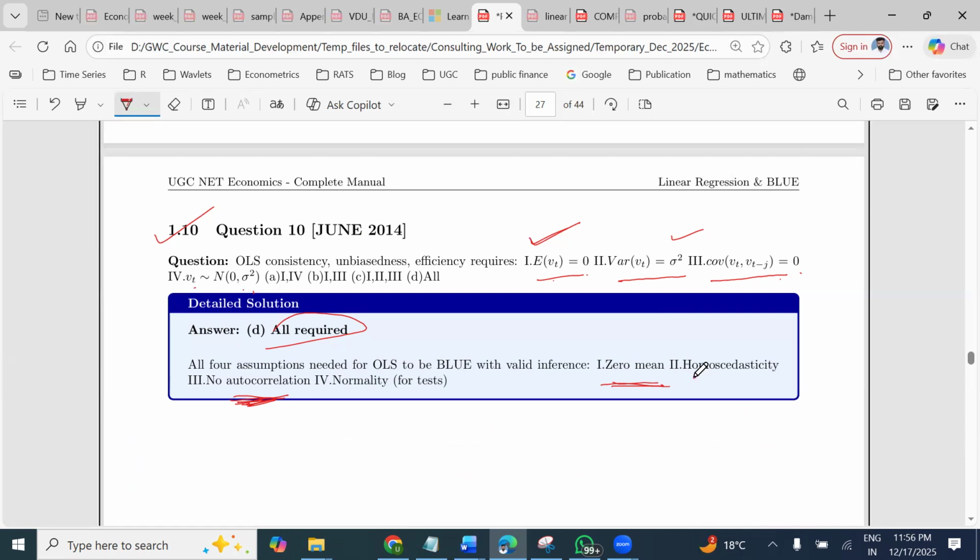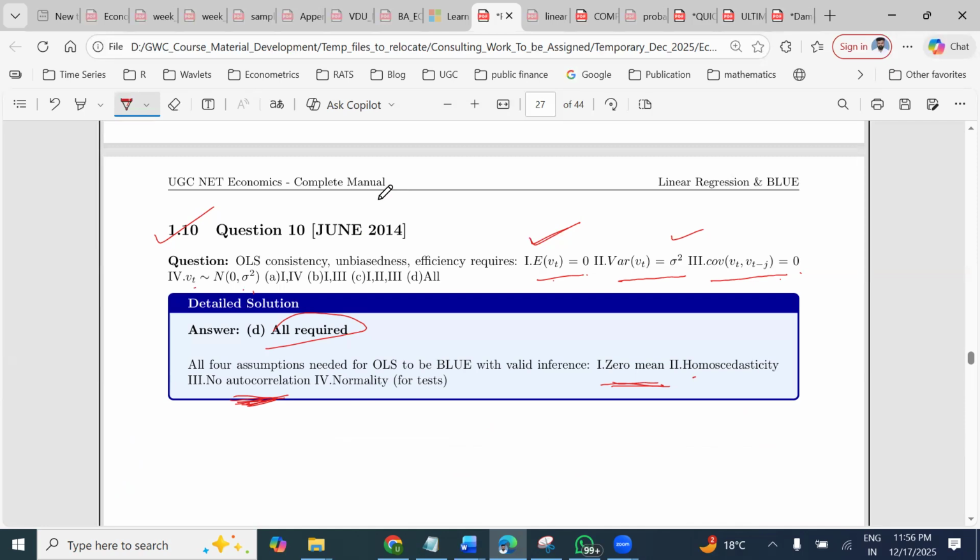Okay. Then next, covariance of Vt and Vt minus j is equal to 0. This assumption ensures that the error terms are not correlated across observations, which is important for the efficiency of the OLS estimates. And last one, what is this sign, sir? It belongs to N, distributed.